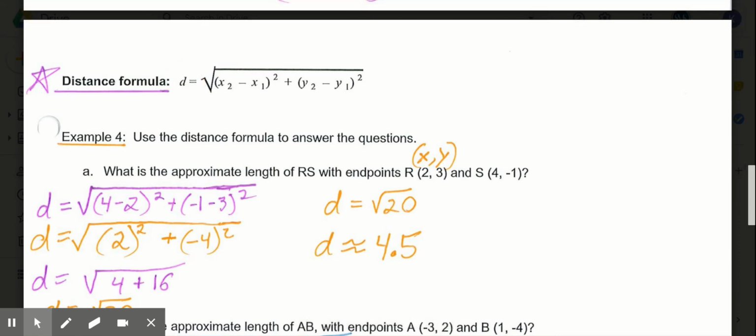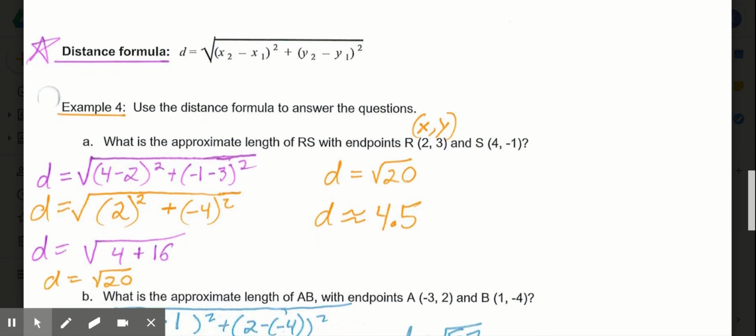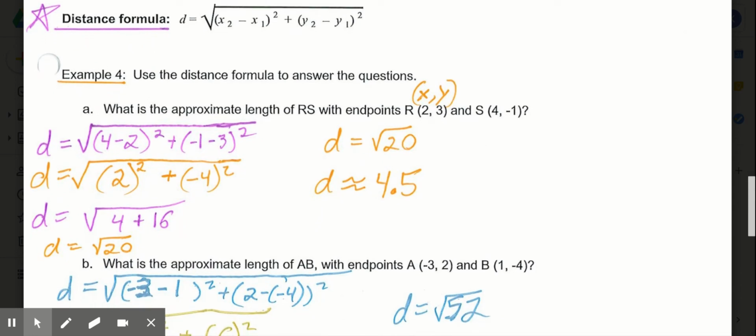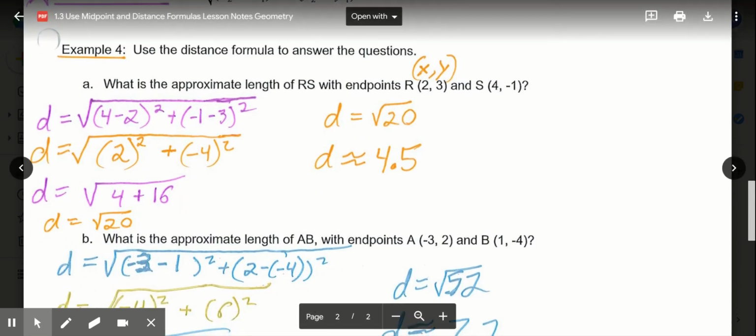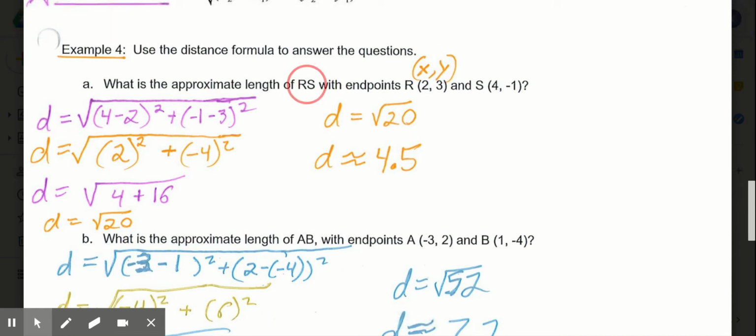And this is something that you should have gotten an exposure to in Algebra 1, and now we're coming back to build upon that. So we're going to apply the distance formula in example 4. So part A says, what is the approximate length of the distance of R to S, and the endpoints of that segment R are at 2, 3, and S are at 4, -1.